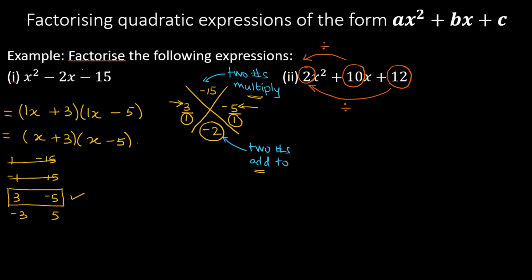Okay, if you have a situation like this, in which the second term, that is the second coefficient, and the last term is divisible by the leading coefficient, then what you can do, you can pull out the leading coefficient, which is 2, outside the pair bracket.